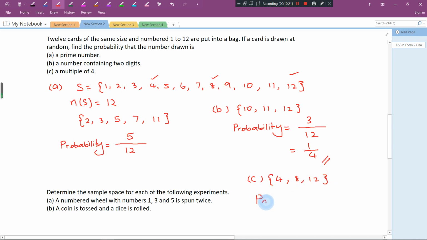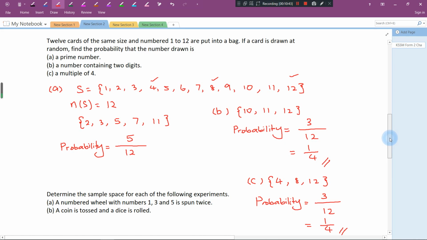Okay, so the probability will be, n(S) equal to 12. So here we have how many multiples of 4? 1, 2, 3. Okay, so if you simplify this, divided by 3, you get 1 over 4.